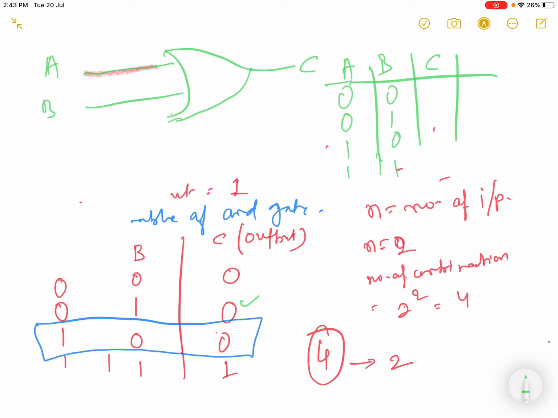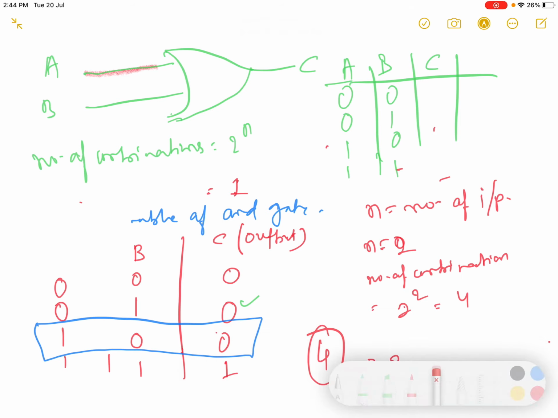Again the same formula applies here. Number of combinations equals to 2 to the power n.